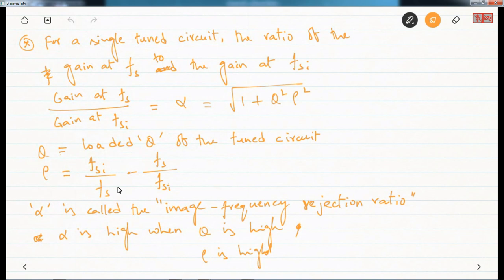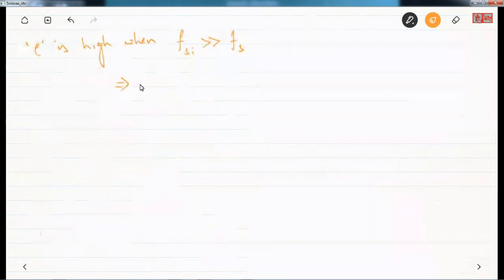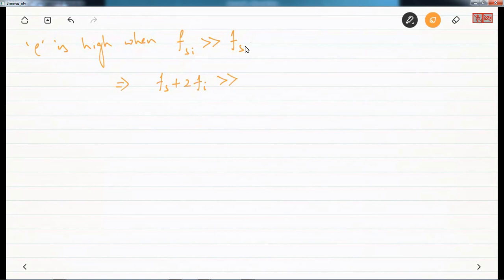So what does this mean? Fsi much higher than Fs means Fs plus 2Fi is much higher than Fs. I can cancel Fs on both sides, so that implies Fi should be very high compared to 0.